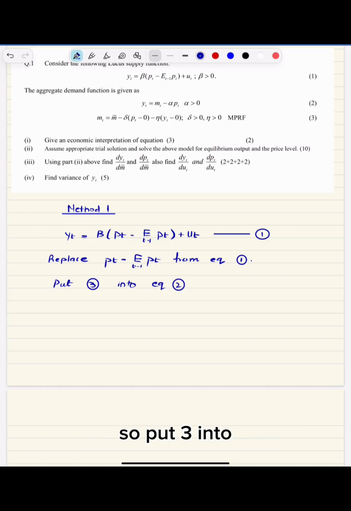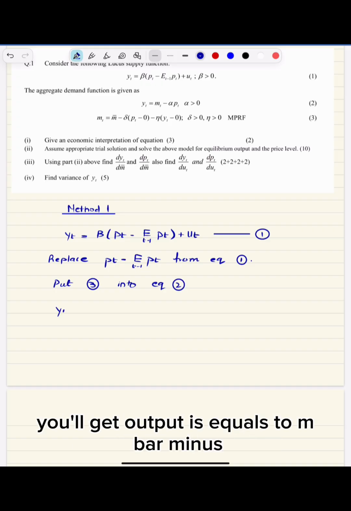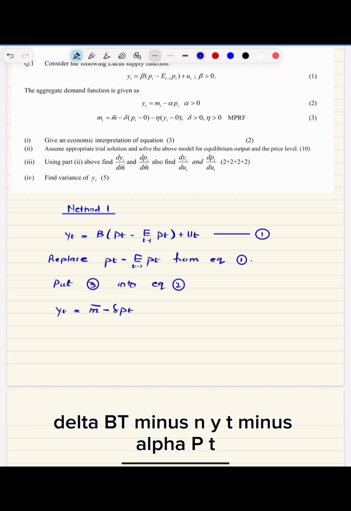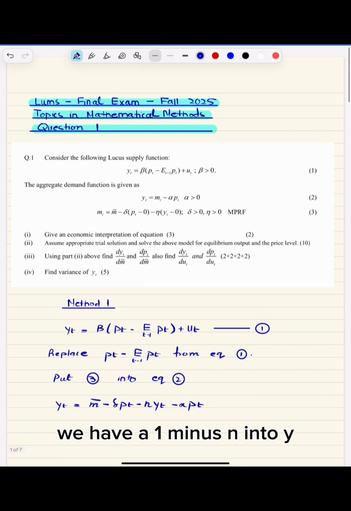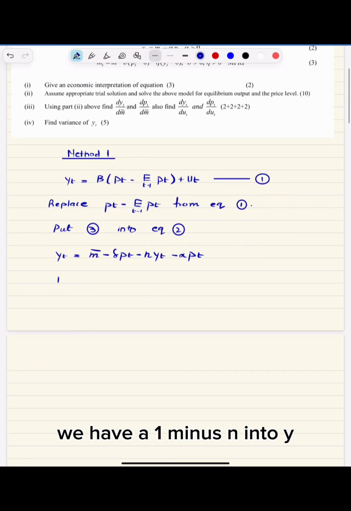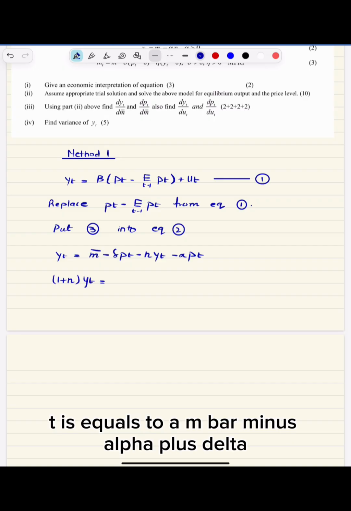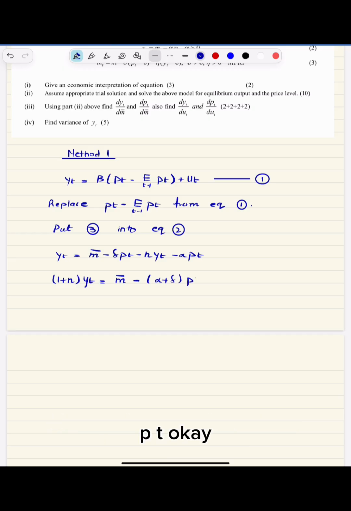So put 3 in 2, you'll get output is equal to m bar minus delta pt minus n yt minus alpha pt. Okay, so we have 1 minus n into yt is equal to m bar minus alpha plus delta pt.